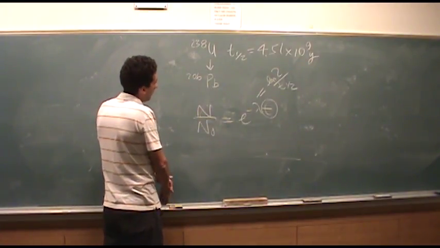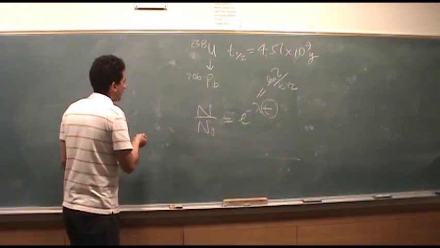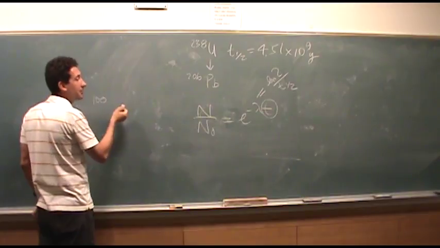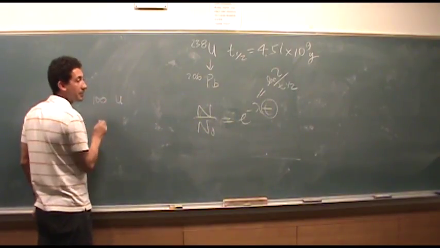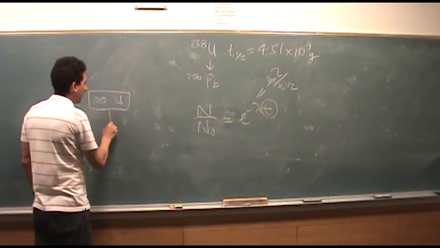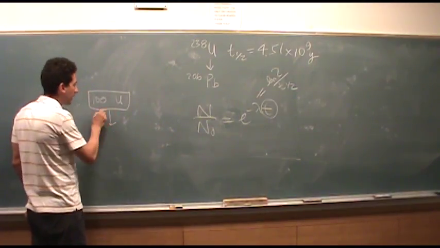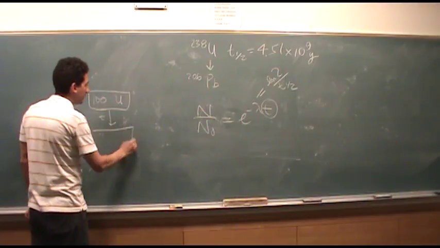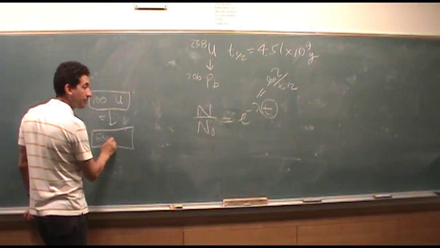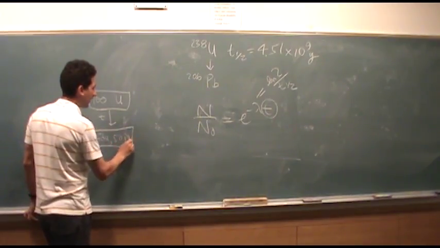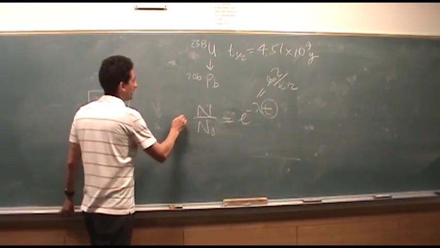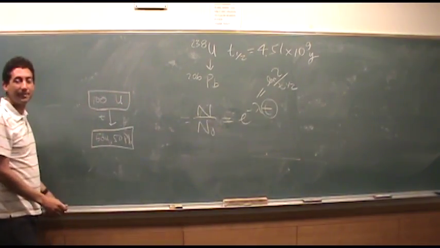So let's just for fun pick a number. Let's say there was 100 nuclei of the uranium to start off with. This is original. Okay? After however much time passed, we don't know how much time, now it's an equal amount of each. So that means there's 50 of the uranium and there's 50 of the lead. Is that okay? There's half of each? Okay, so what's this equal to?